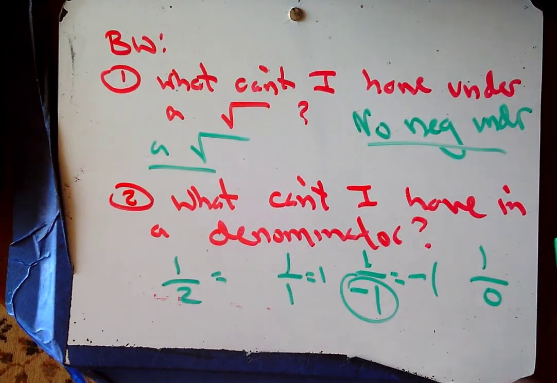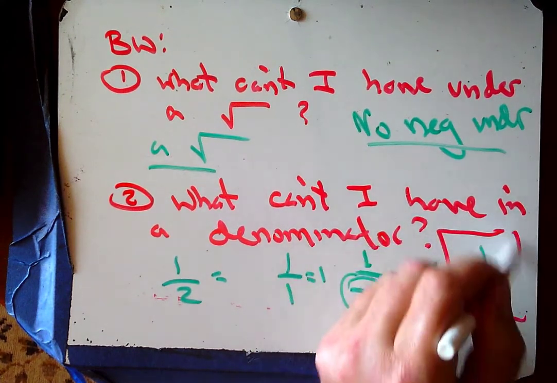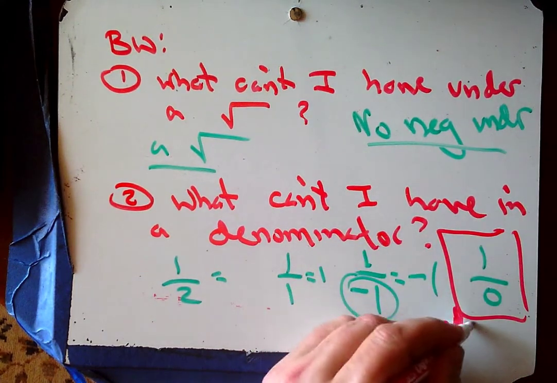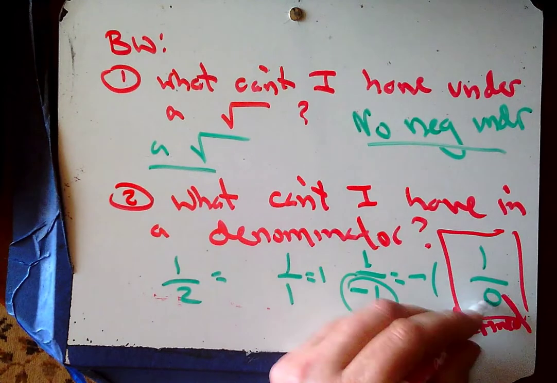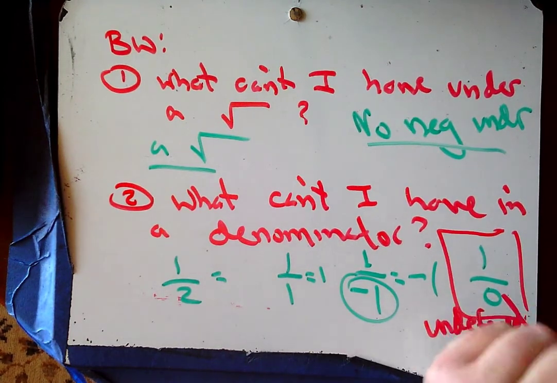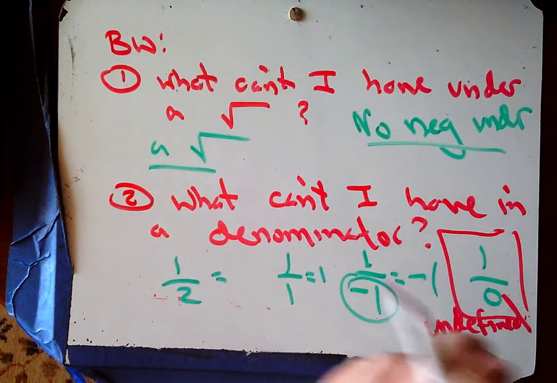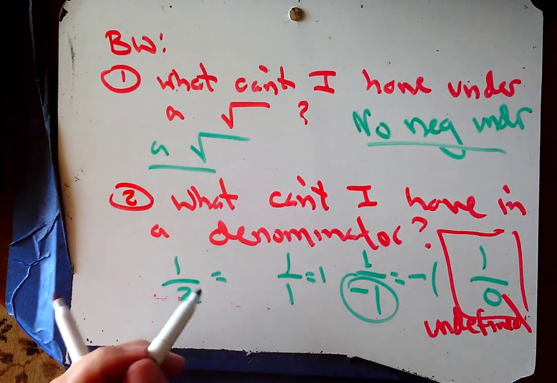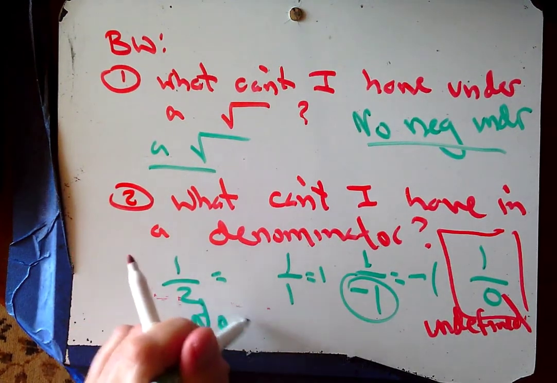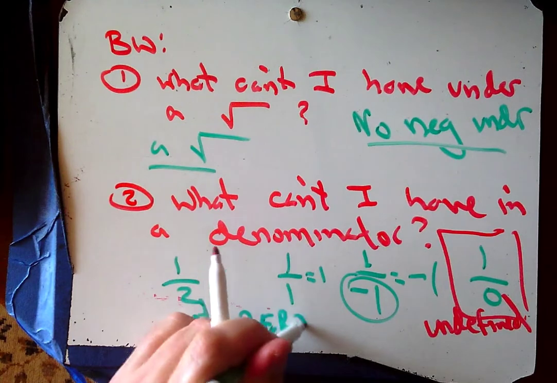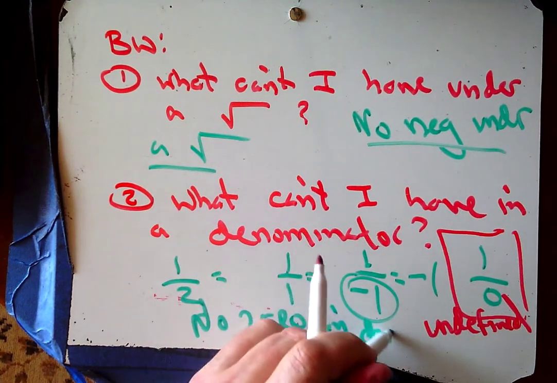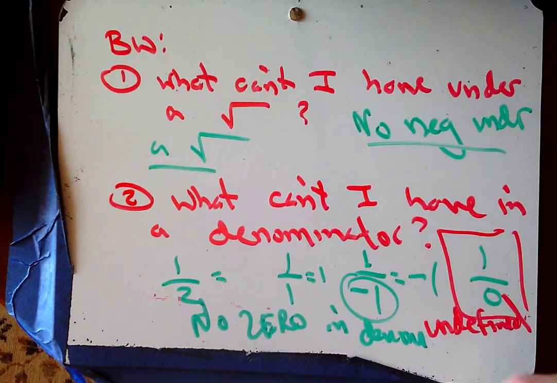Well, when we were talking about slope, we said that 0 in the denominator was undefined. So that's what we're going to say here, too. What can't we have in a denominator? We can't have a 0 in the denominator. Okay.